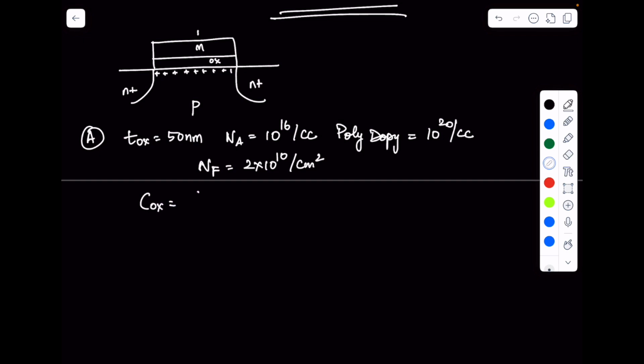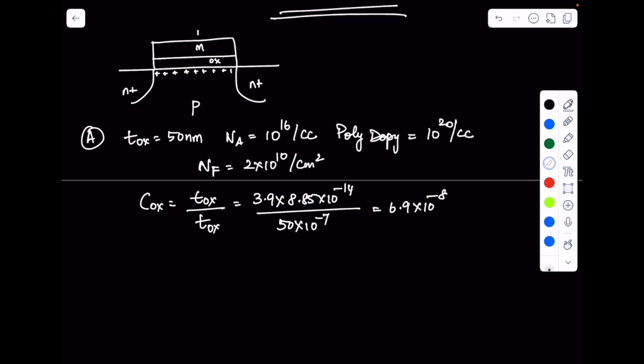Let's first find Cox. Cox is epsilon ox by Tox, which is 3.9 into 8.85 into 10 power minus 14 by Tox. Tox is 50 nanometers, so 5 into 10 power minus 6, which is 6.9 into 10 power minus 8 farad per centimeter squared.